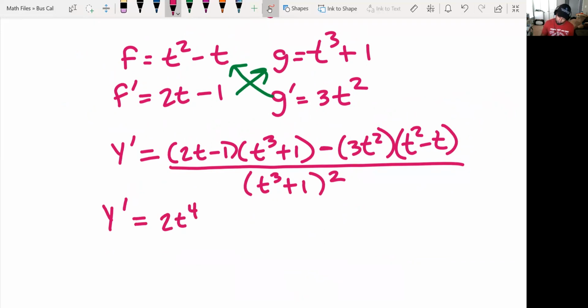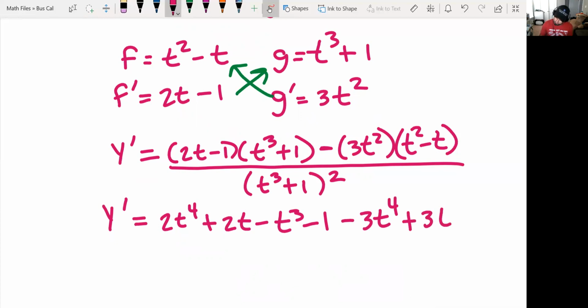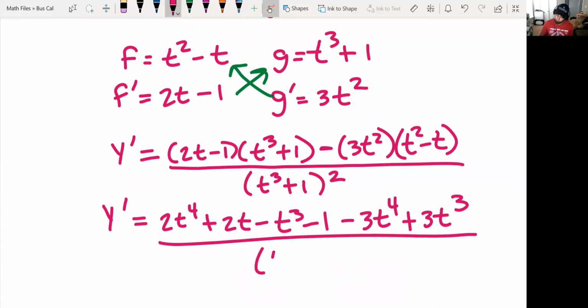Two t to the fourth plus 2t minus t cubed minus 1, minus 3t to the fourth plus 3t cubed. Negative 3t to the fourth plus 3t cubed, all over t cubed plus 1 squared.